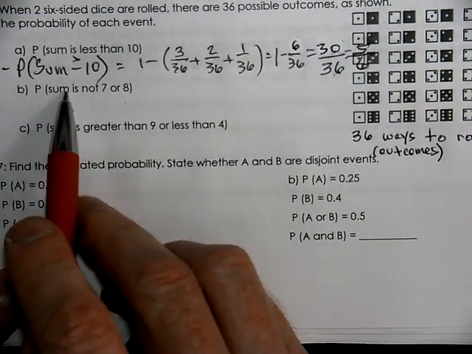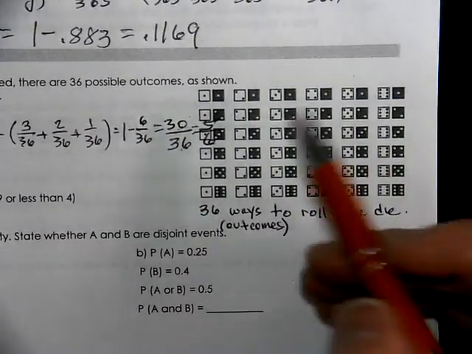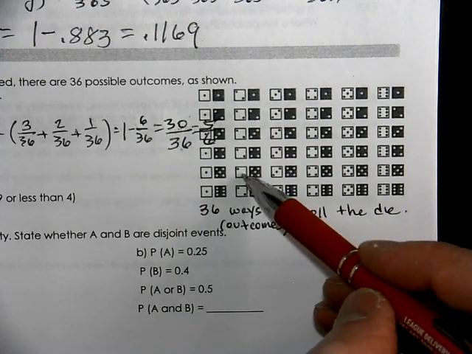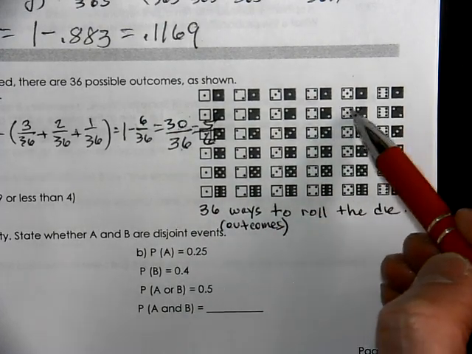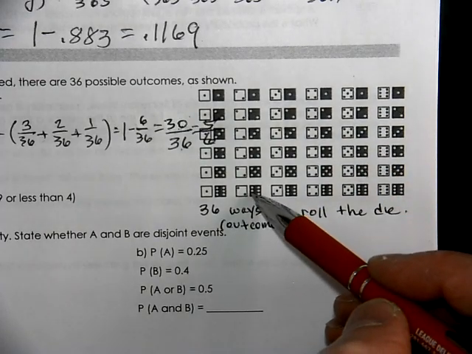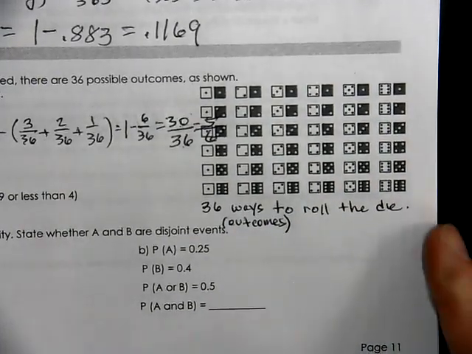All right? What if the sum is not a 7 or an 8? We could come over here and look for a 7. That would be 1, 2, 3, 4, 5, 6. Or an 8: 1, 2, 3, 4, 5.